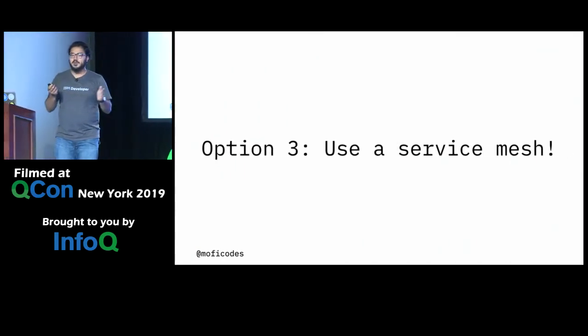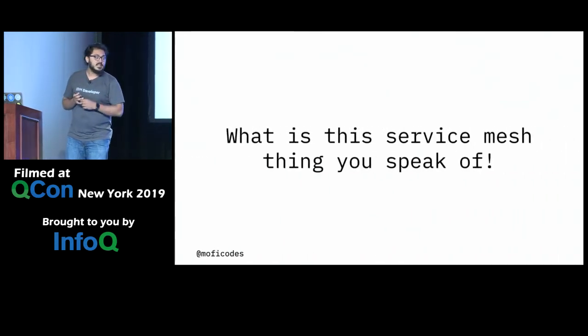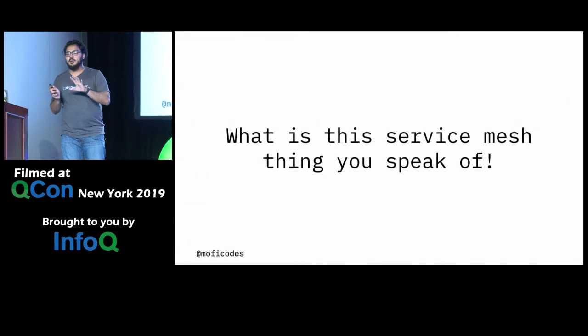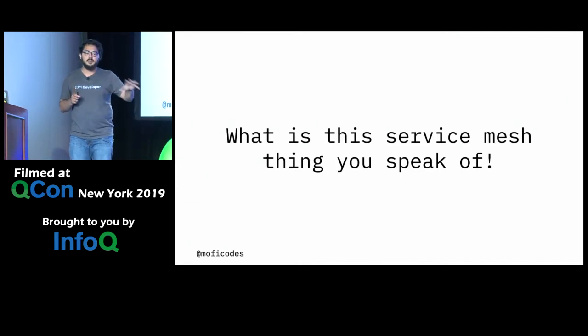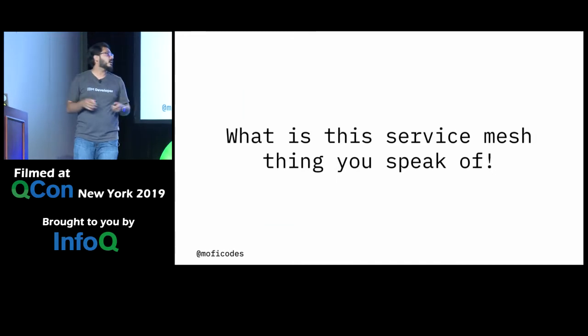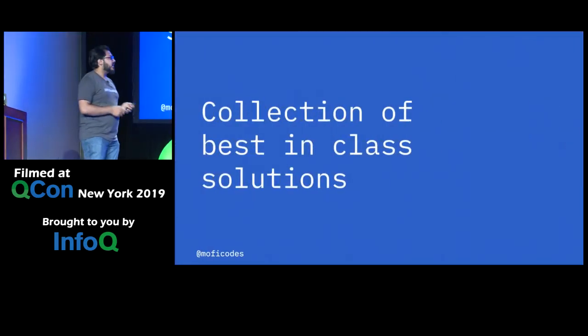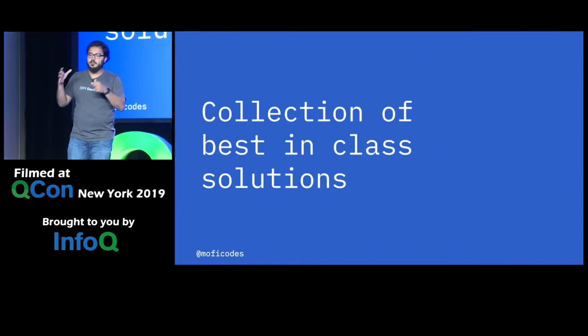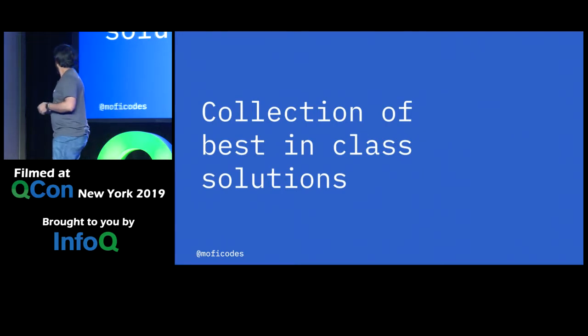Now you might be wondering, if you don't already know, what is this service mesh thing I speak of? The number one thing about service mesh: none of the things service mesh does are magically new or changing the entire world. These are just a collection of best-in-class solutions that already exist. Service mesh gives you a nice way to package them in one bundle that you can deploy and use in your application.